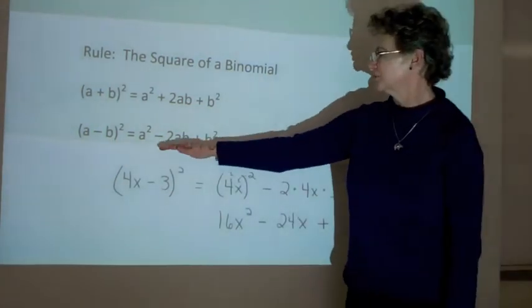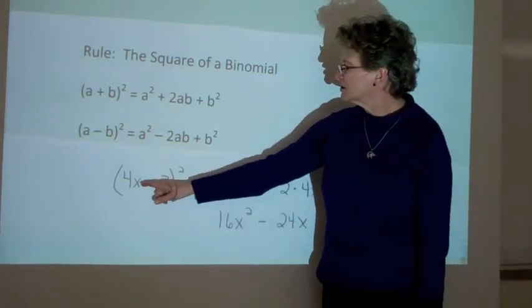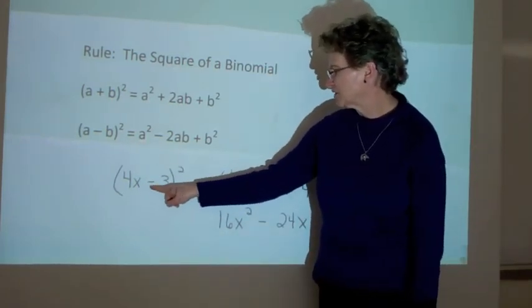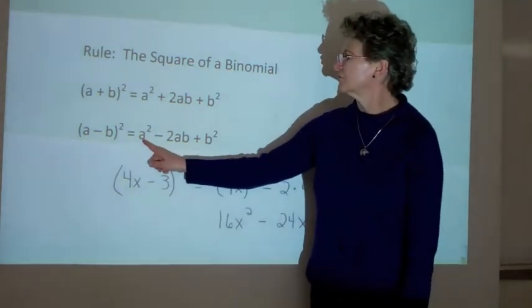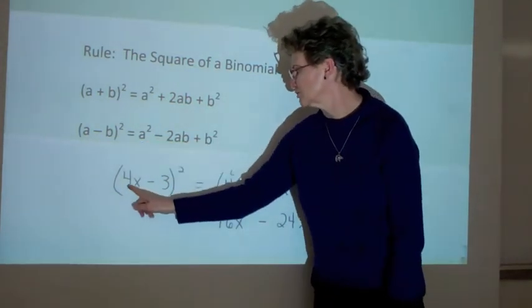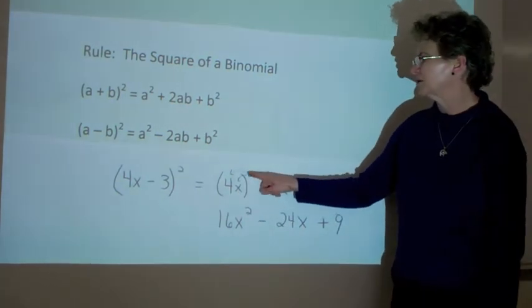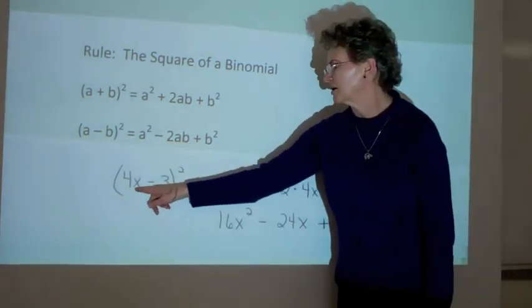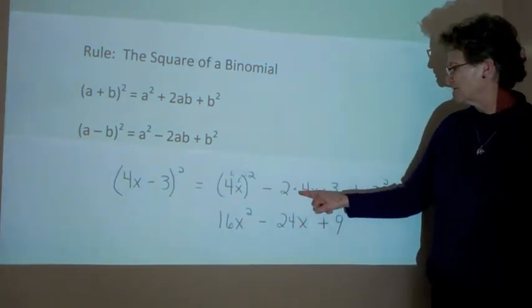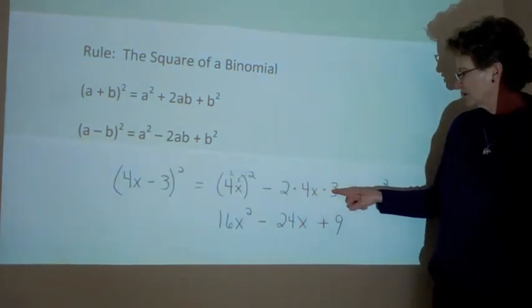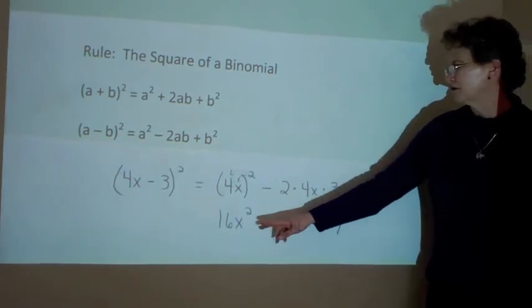A little more complicated problem, but you'll see that the rule follows. The rule says when I'm subtracting, I take the first term and I square it. The first term is 4x, so 4x squared. I subtract 2 times the product of the two terms, so 4x times 3, and I square the last term.